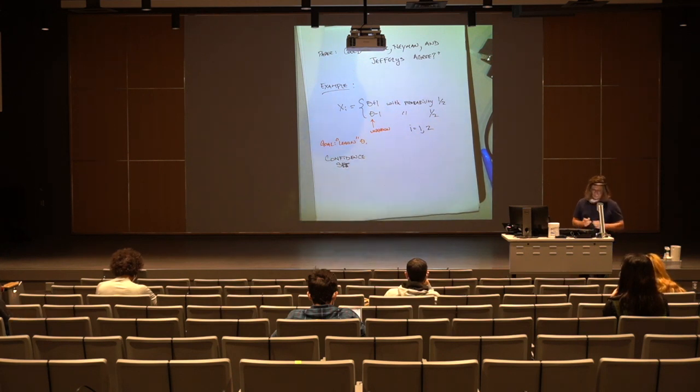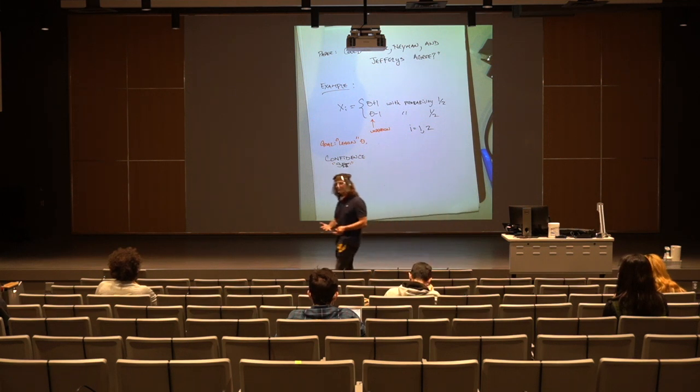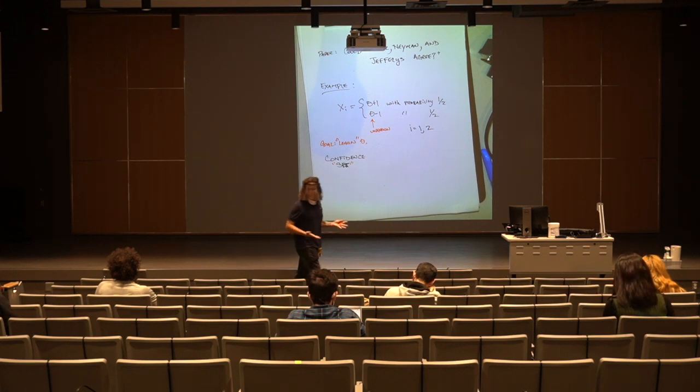In my example, I'm not going to build an interval for theta. I'm going to give you a set that covers theta. So it's not a connected interval. The nature of this problem doesn't translate to giving you a really good connected interval. And so it leads you to want a set.